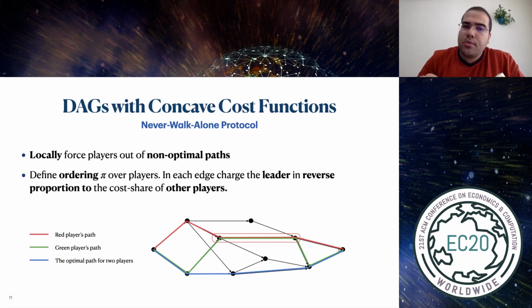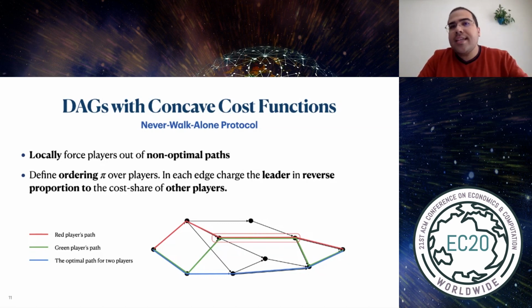Another idea we use is to have an ordering over players and charge the highest priority player in each edge, that we call the leader of that edge, a small amount which is in reverse proportion to the cost share of other players in that edge. I am going to show how this helps us to have all players on the optimal path in the next slide. Now let's see the actual protocol.